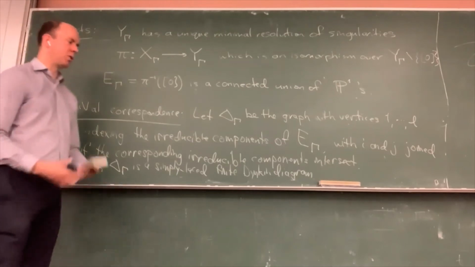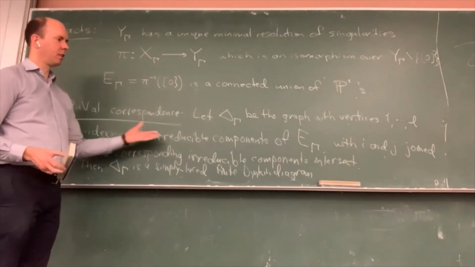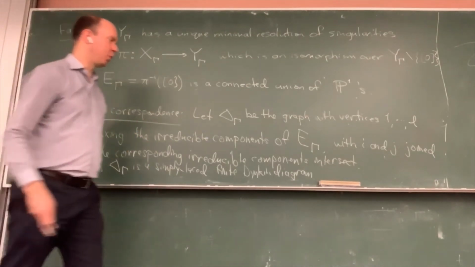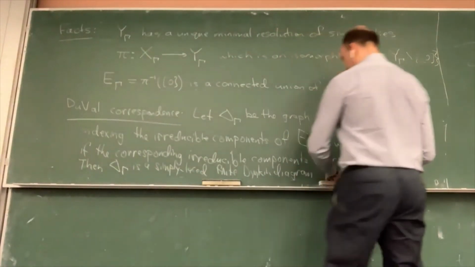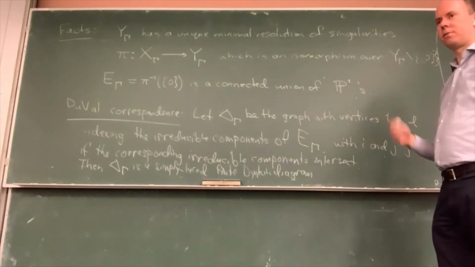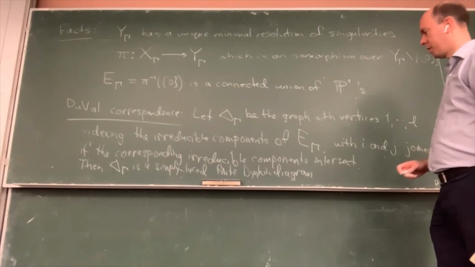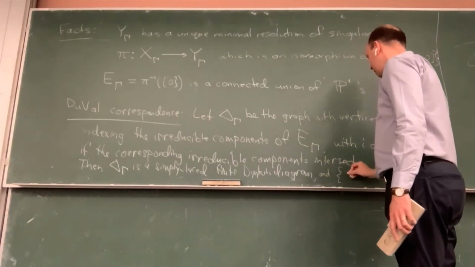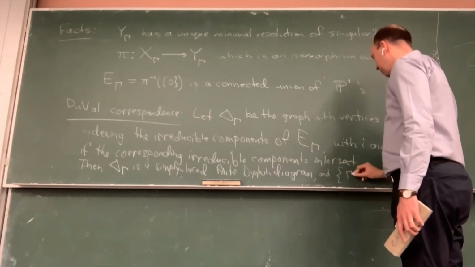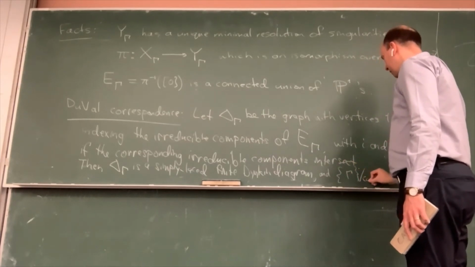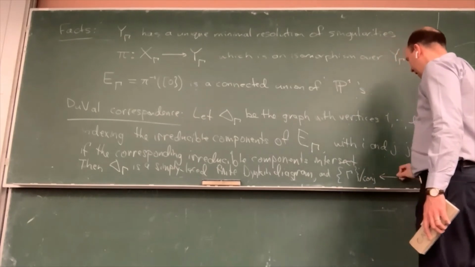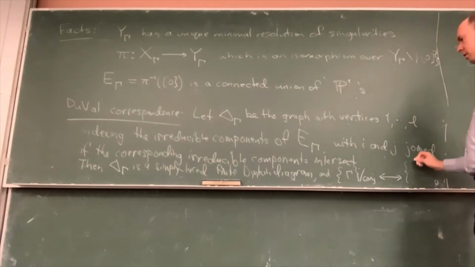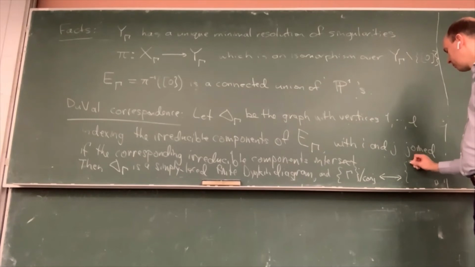And what's more, this gives you a bijection between the conjugacy classes of non-trivial finite subgroups of SL2, so this is gamma as before, up to conjugacy, and the simply laced finite Dynkin diagrams in this way.